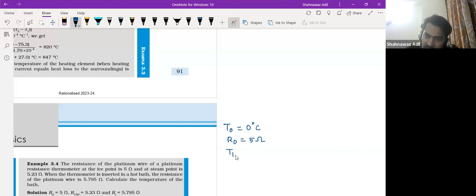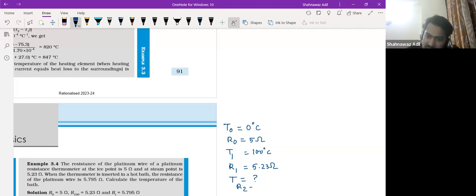Steam point is 100, right? So let me write it as T1. That is 100 degrees C, and R1 is 5.23. Then at some temperature, it has become this question mark, and we want to find that out.